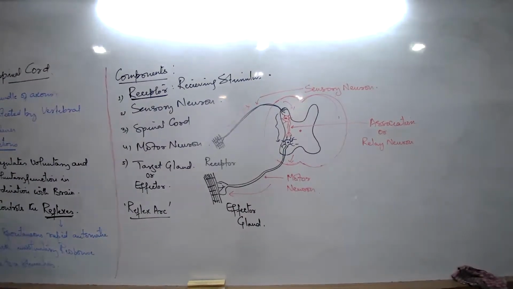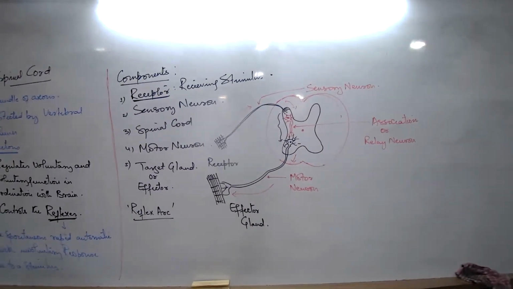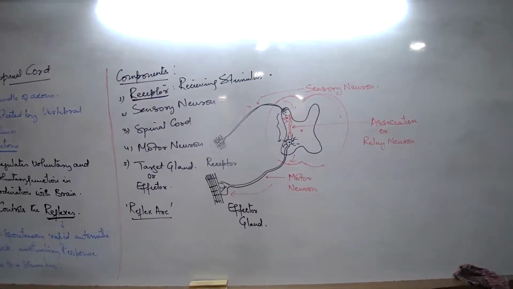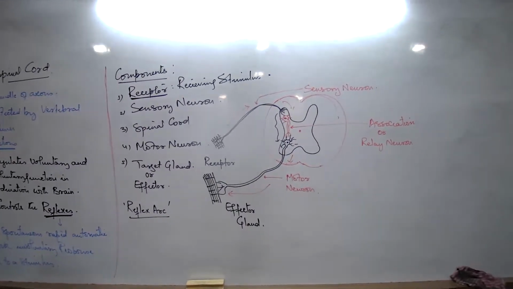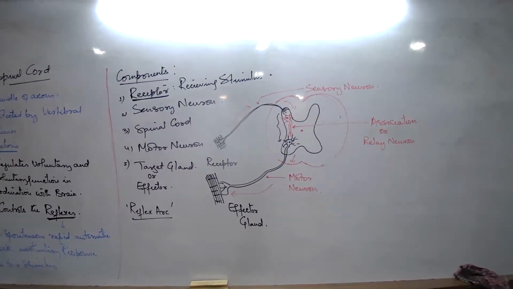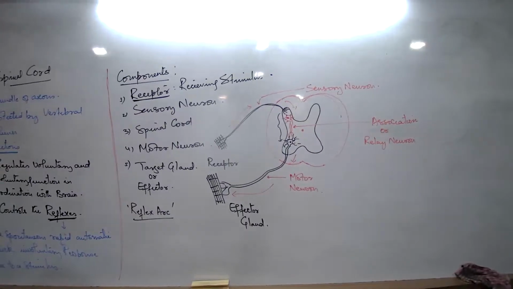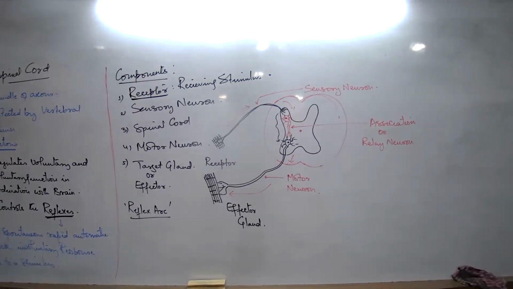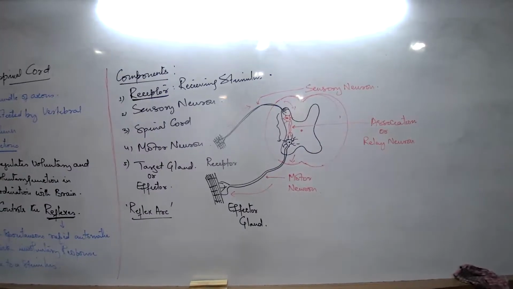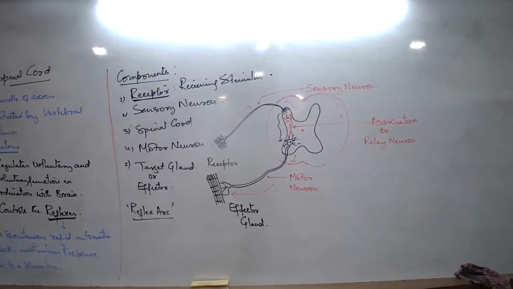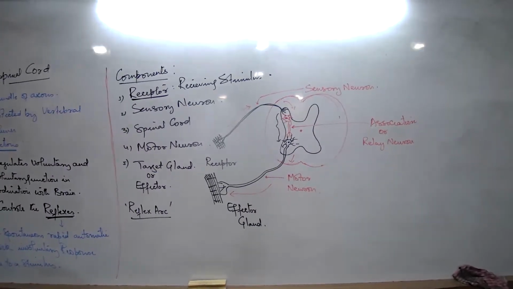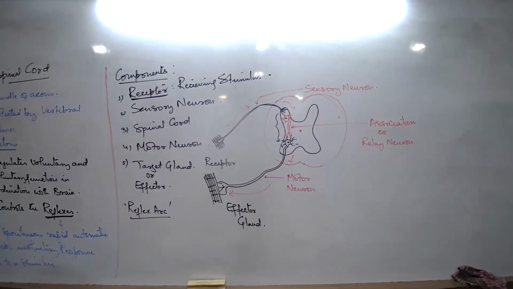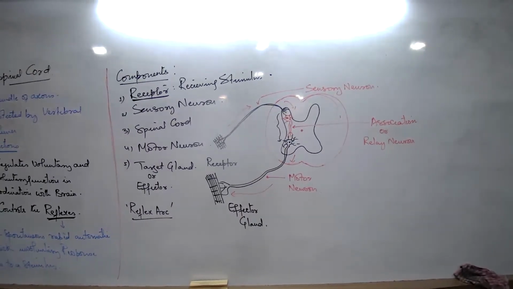Whenever there is a reflex, you step on something pricky, you immediately withdraw your feet. At that time, the part of the nervous system not involved in this entire action is the brain. The thinking process of the brain is not involved because the spinal cord took the decision on its own, because the decision has to be prompt and the action has to be very rapid.